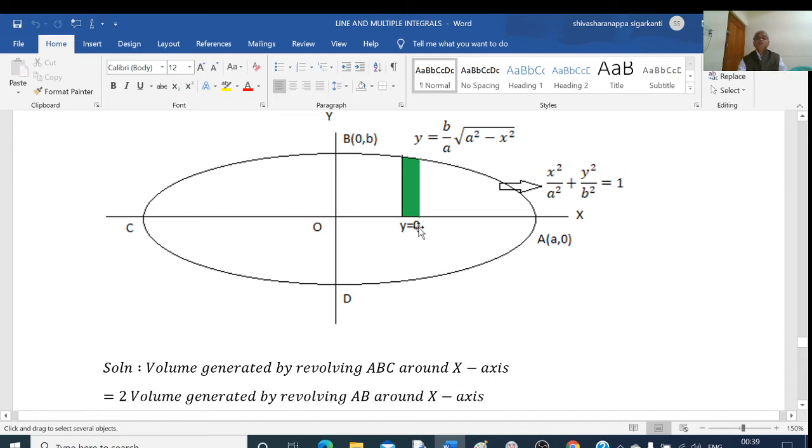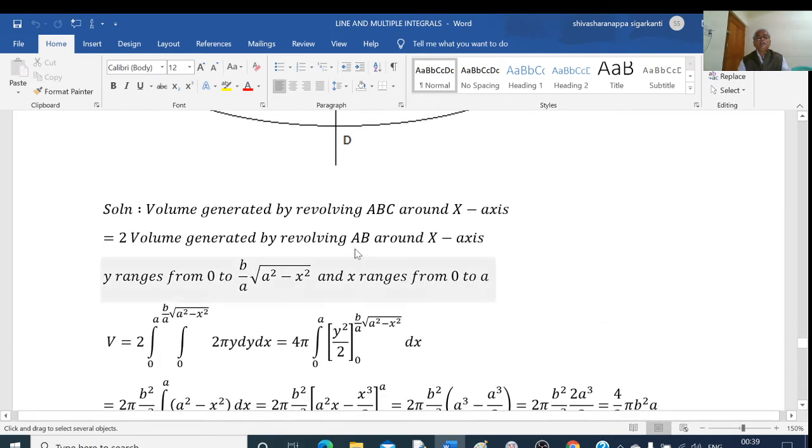This rotates around x-axis, then I will write the volume is equal to twice the volume generated by AB. Okay, so the volume generated by revolving ABC is equal to twice the volume generated by AB around x-axis. We just have to take the double integration.